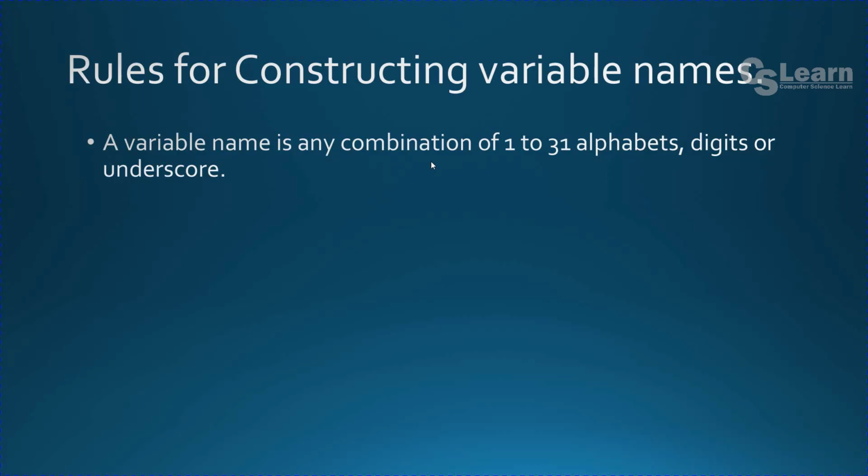Your compiler must allow the size. If your compiler allows, you can use more than 31 characters in a variable name. That may be allowed, but it is not advisable. Why?